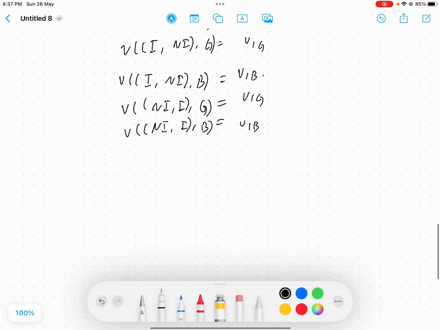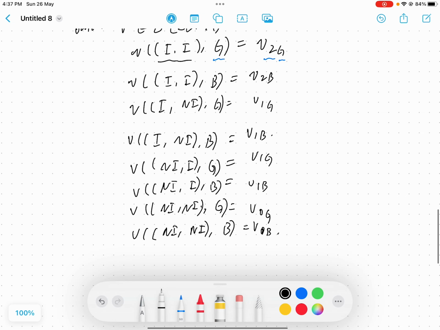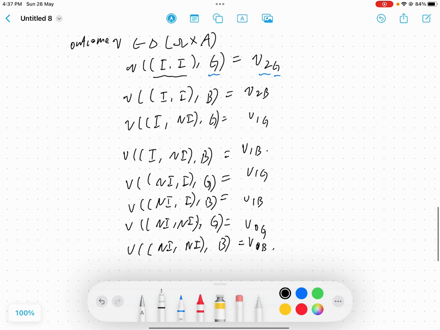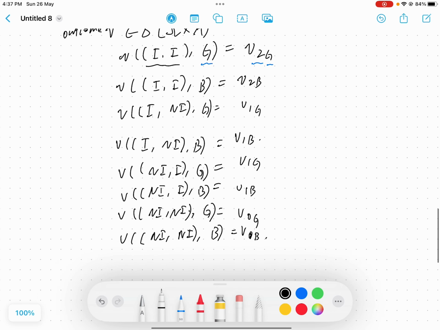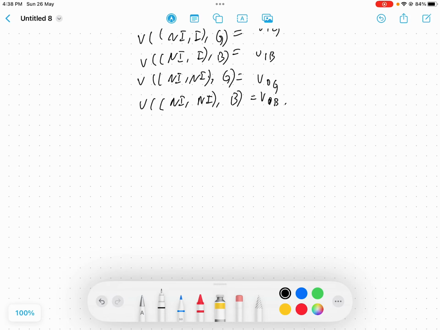We have this one also previously, and at last we have NI, NI, G or B. So for G it is V0G, and v of NI, NI, B is V0B. So we have those little notations to help us further simplify the notations later for the linear programming. Okay, so we have 8 notations here because we have 2 for the state, 2 for the actions, and two for each of those 2 actions of those 2 players, right? So we have 8 combinations.